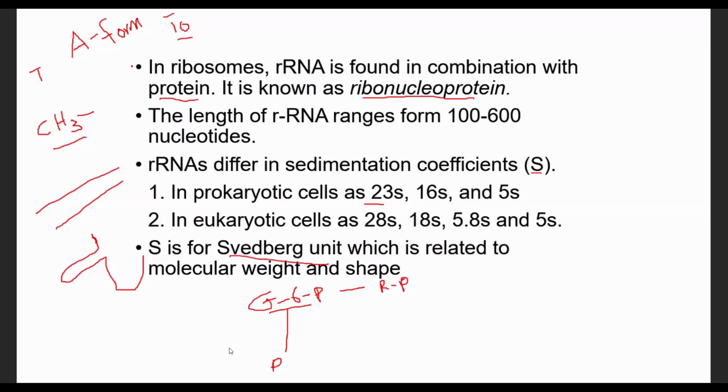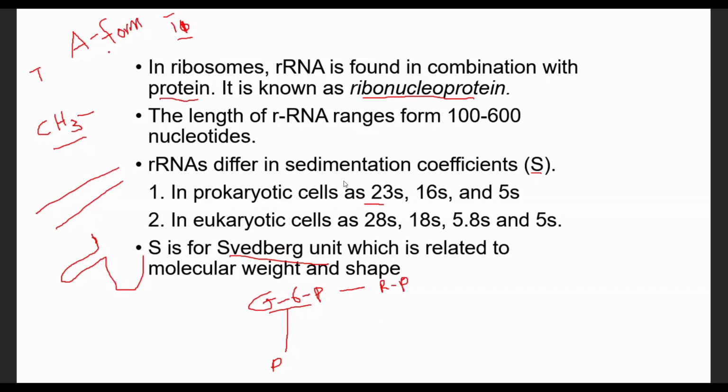The A form DNA is formed in alcoholic condition or in dehydration. In alcoholic solution, there is A form formation. It contains 11 nucleotides per one helical turn.